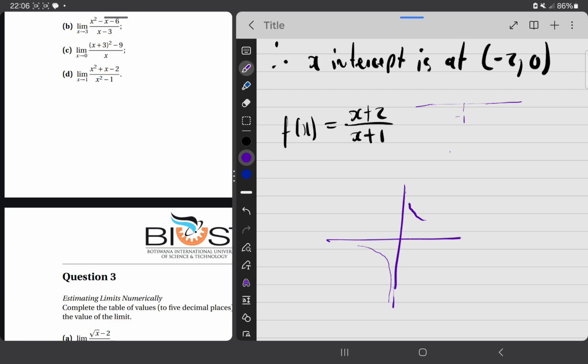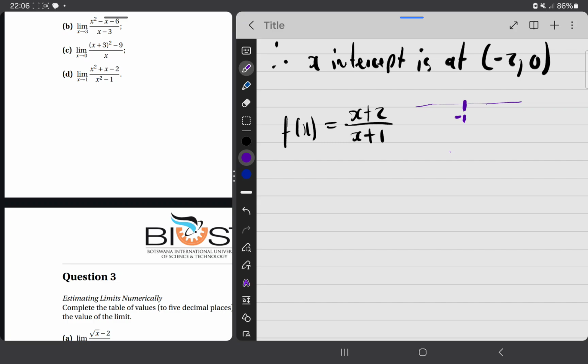You get it? Let's say this is my vertical. So close to your vertical asymptote, you'll be either very high up in positive infinity or very far down in negative infinity. So we're going to see them both.